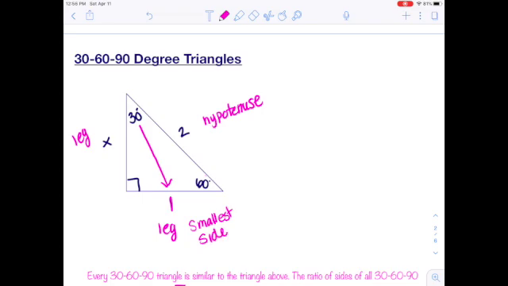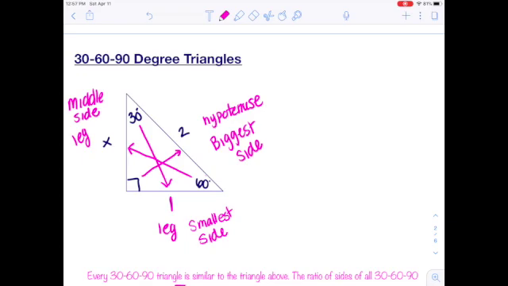Now, obviously, our 90-degree angle is opposite our hypotenuse, which is our biggest side. And our leg that's opposite 60 degrees will be, we'll call it, our middle side.